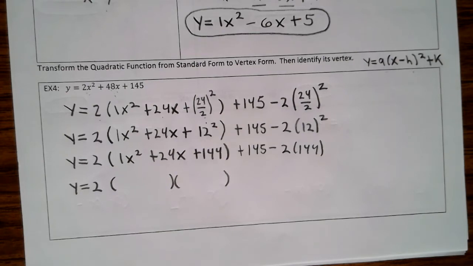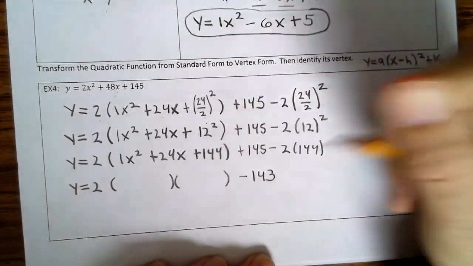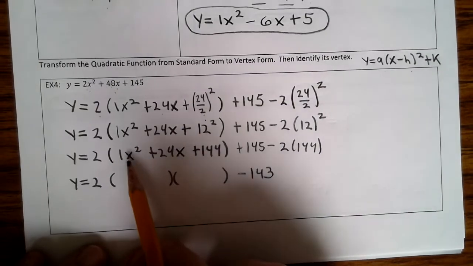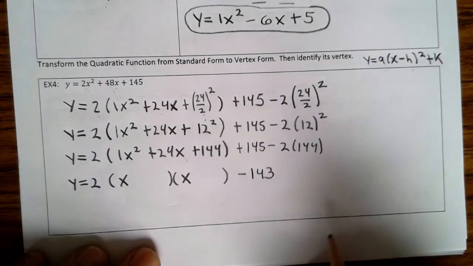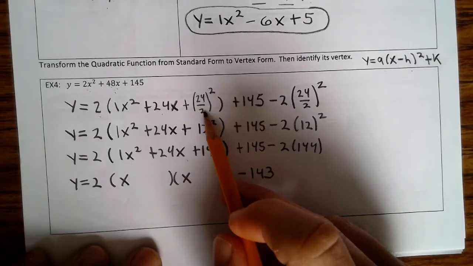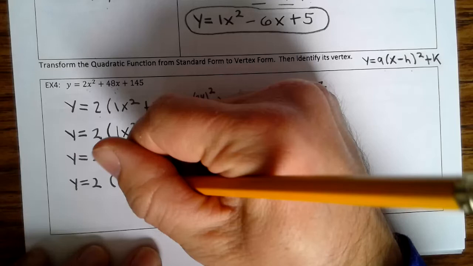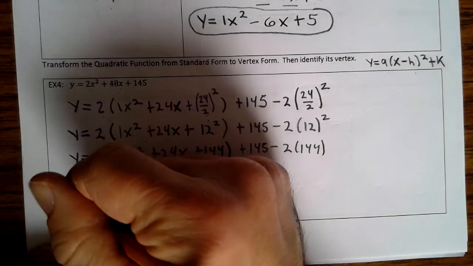Now, the factor is real simple. x times x makes x squared. Now, we already know the factor of this because we created the factor here. 24 divided by 2 is 12. So it's (x plus 12)(x plus 12). And we know that works because 12 plus 12 is 24, and 12 times 12 is 144. Now, anything times itself is squared, so that's 2 times (x plus 12) squared, and then minus 143.